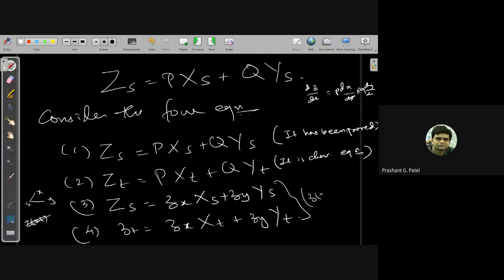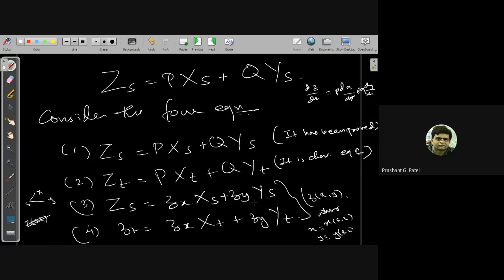z is a function of x and y, where x and y are functions of s and t. So from this we can have this. Now we observe that this p and q satisfy equation 1, that means this equation and this equation, and z_x and z_y satisfy equations 3 and 4.